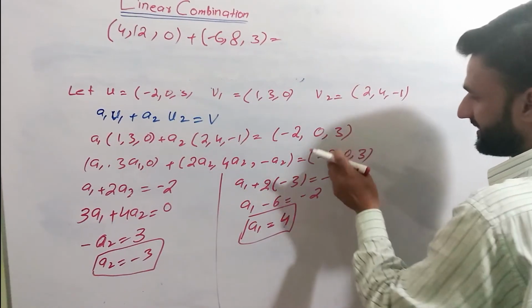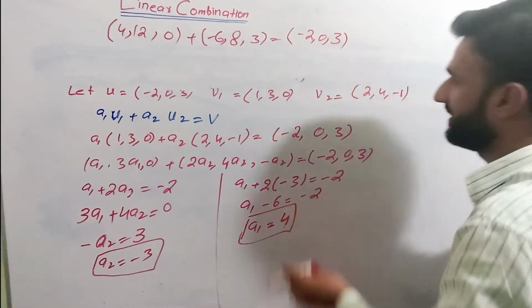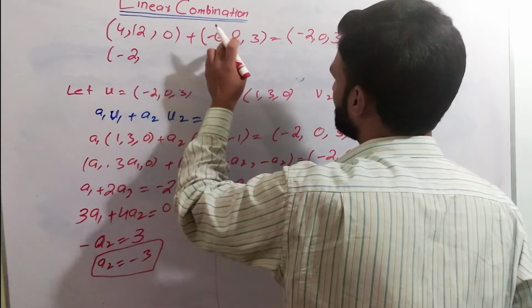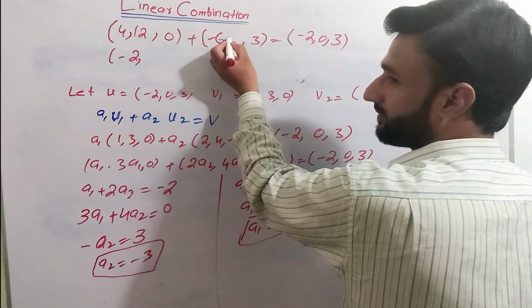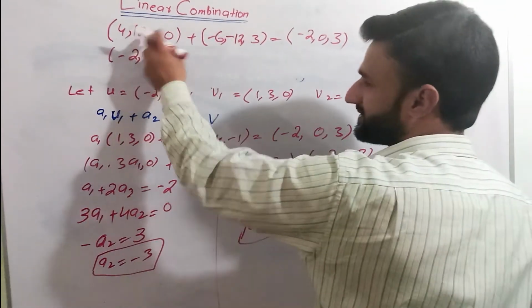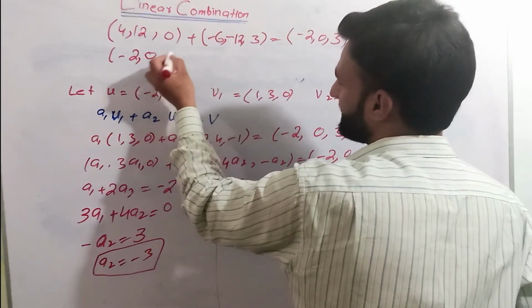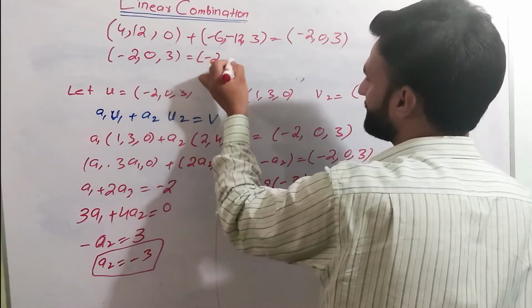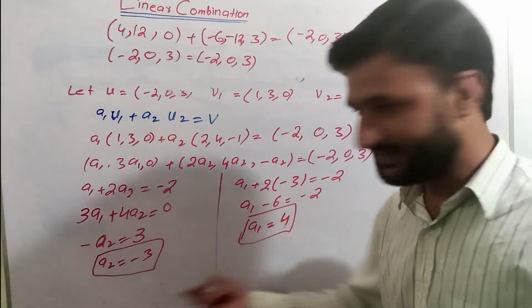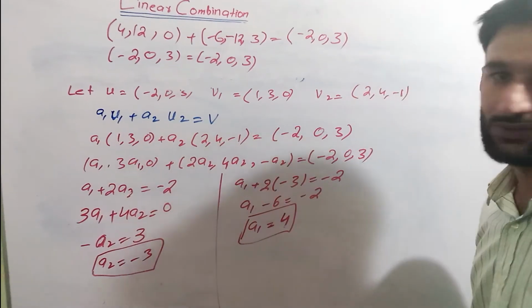The left hand side of the expression is minus 2, 0 and 3. So 8 minus 6 gives us 2, wait, 4 minus 6 gives negative 2, and 12 minus 12 will be 0, and here will be 3, which is equal to minus 2, 0 and 3. If you notice, by putting these scalar constants on the left hand side of the expression, the left hand side is equal to the right hand side.